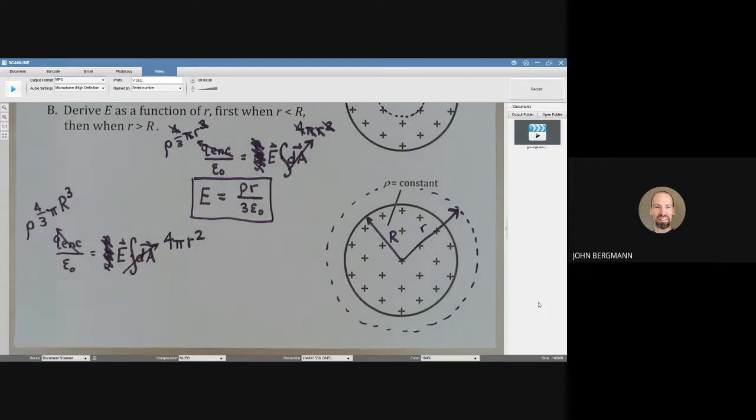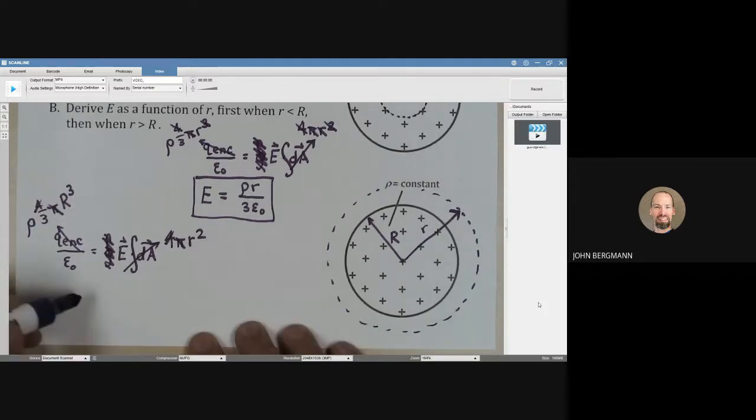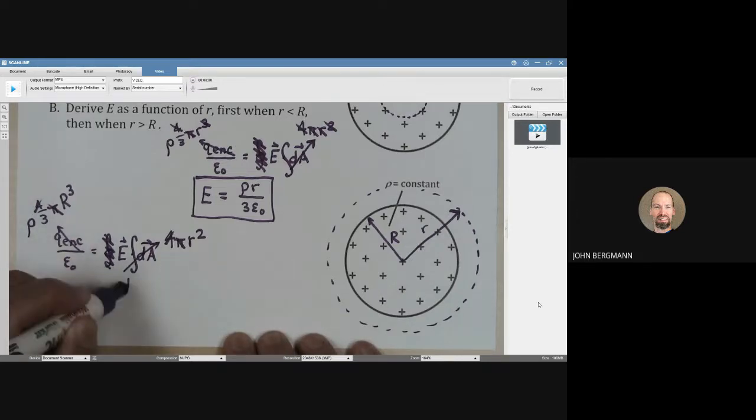So we can cancel some things again, but not as much. 4 cancels, pi cancels, but I think that looks like it's it. E is going to equal what? I'm seeing rho big R cubed over 3 epsilon naught and then little r squared in the denominator like that.